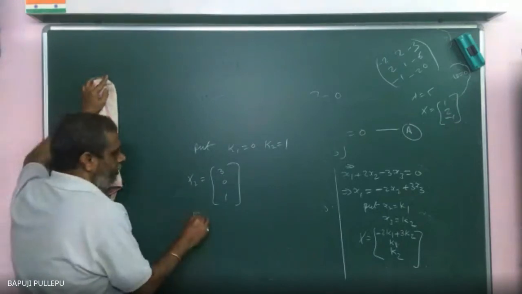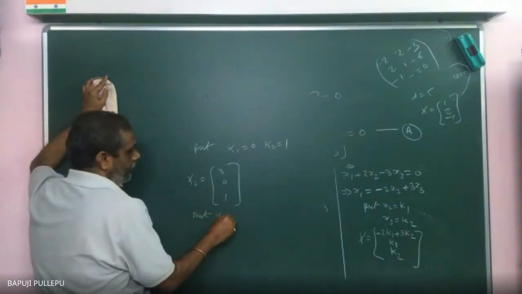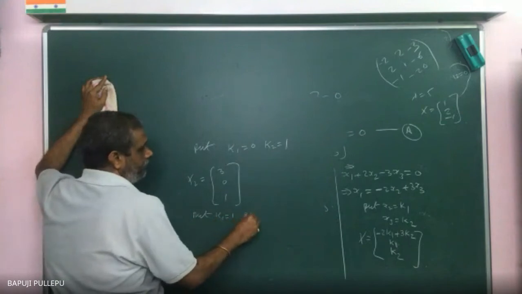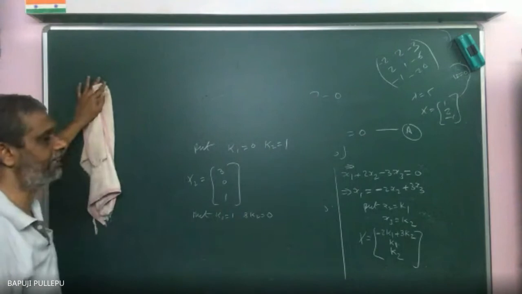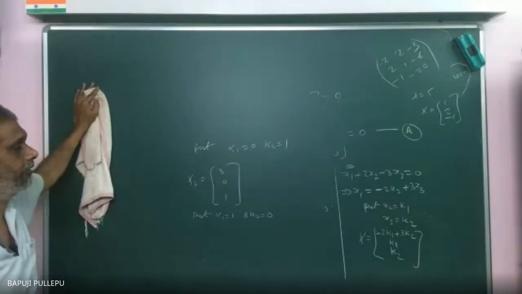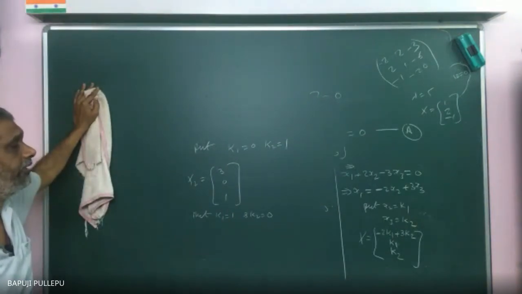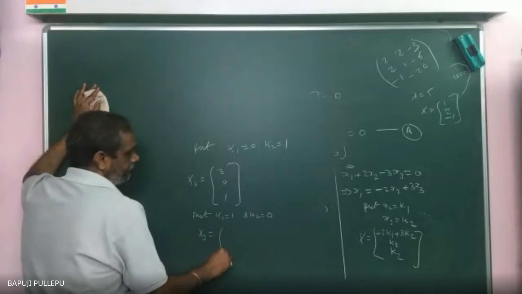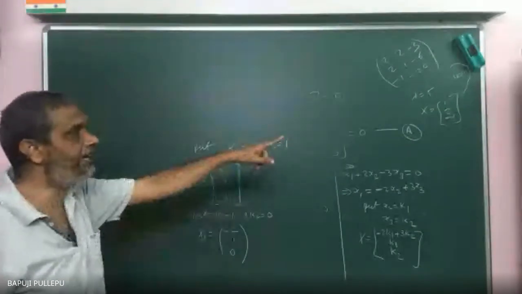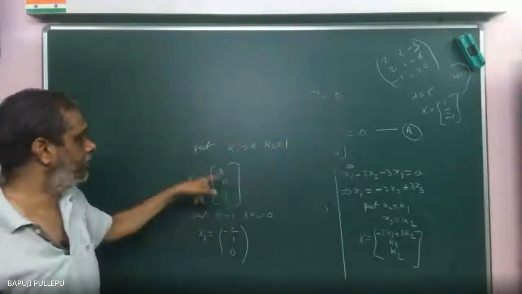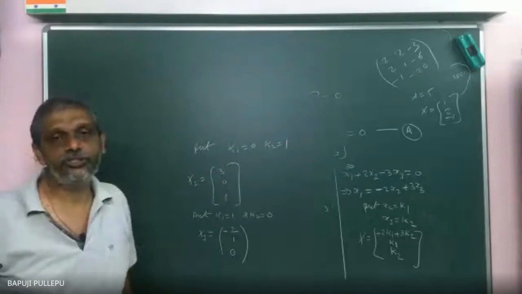Obviously the equation will satisfy; I am choosing such a way. Now what do you get, tell me? So -2, 1, 0. Now the eigenvectors in my hand are 1, 2, -1, 3, 0, 1, and -2, 1, 0. Job is over.